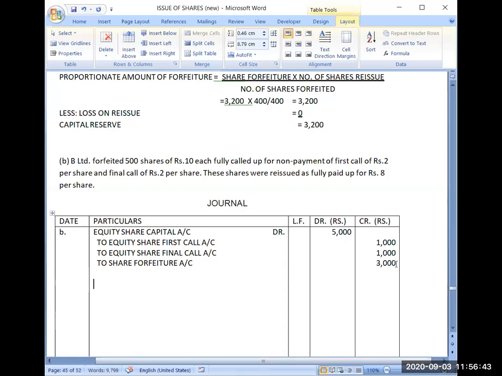Now coming to the bank amount, it is saying these shares were reissued as fully paid up for rupees 8 per share. So now bank account debit, and we have got rupees 8 per share. We are assuming that we have received all rupees 10. So rupees 8 per share means we have issued 500 shares again. So I will be receiving 4,000.